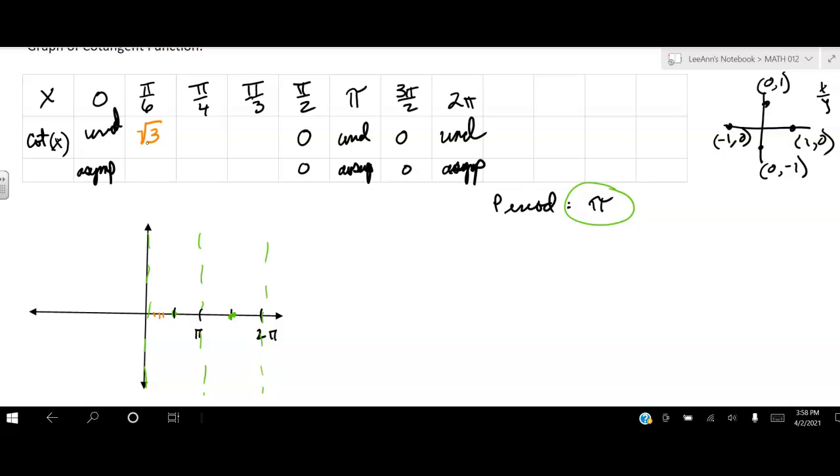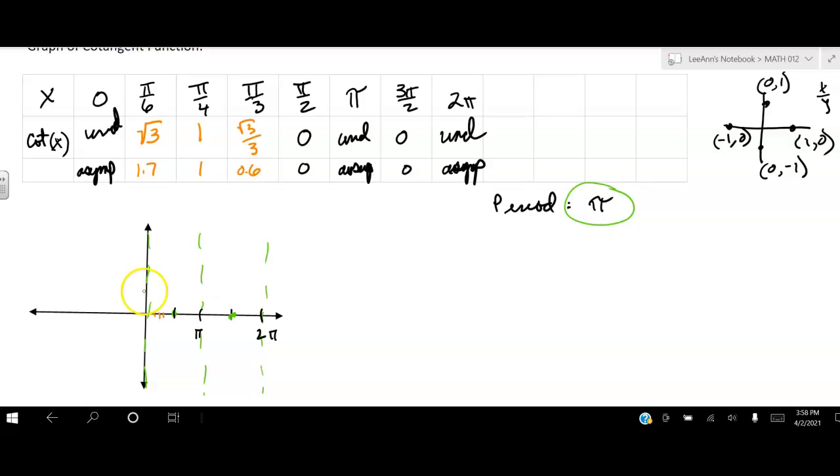Yeah, it's like 1.7. And then pi over 4, well, that's going to be 1. And then pi over 3, that's going to be the square root of 3 over 3. So let me divide this by 3 in my calculator, and I get 0.6. Okay, so we can graph those.